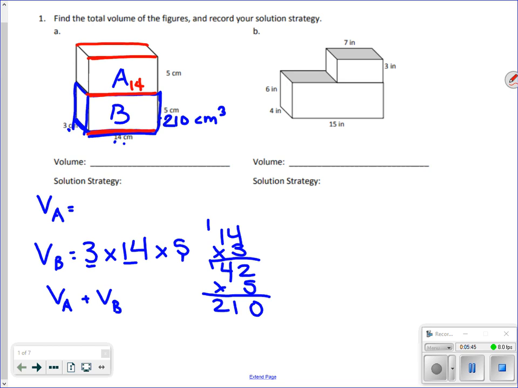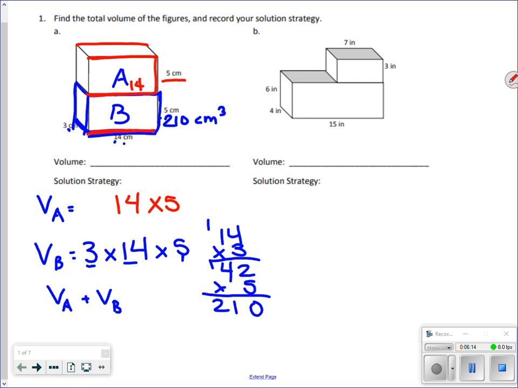Okay. So what about my height for A? Does it give me my height for A? Yeah, it's right here. It's telling me that my height is 5. It's got that tall side labeled as 5, so it's got 5 there too.